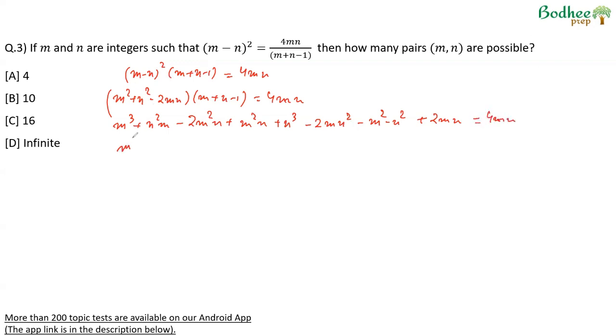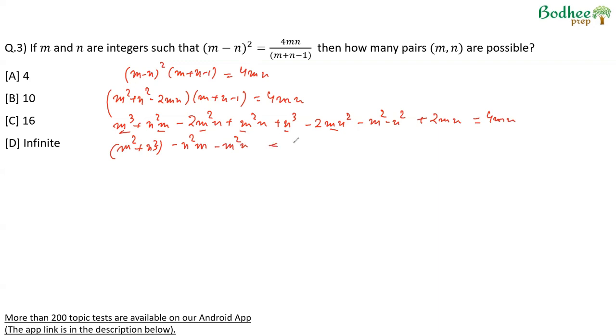This can be written as m cube plus n cube. These two terms have been taken care of. n square m minus 2m square n square m will give us minus n square m. This and this is gone. This will give us minus m square n.